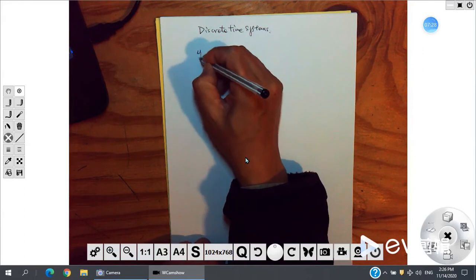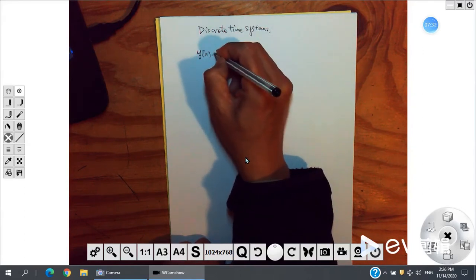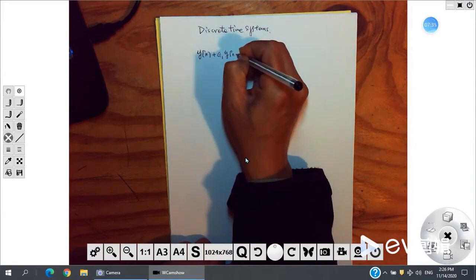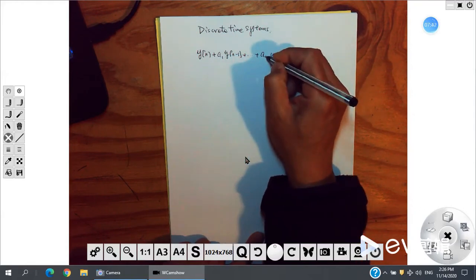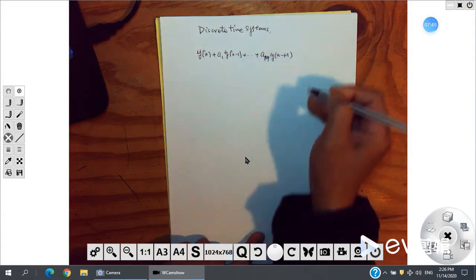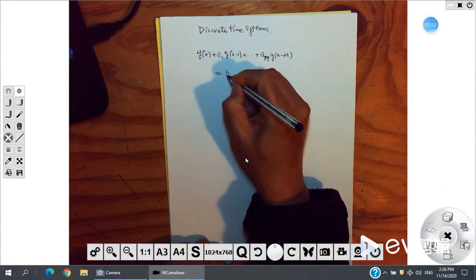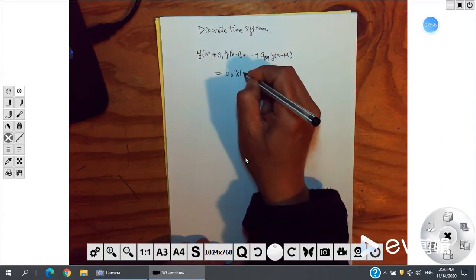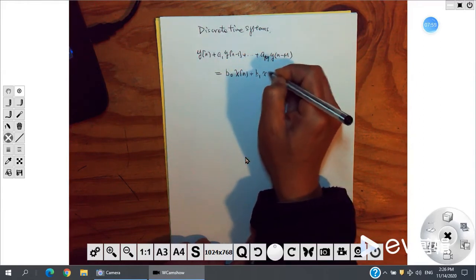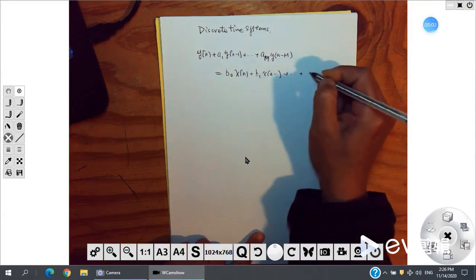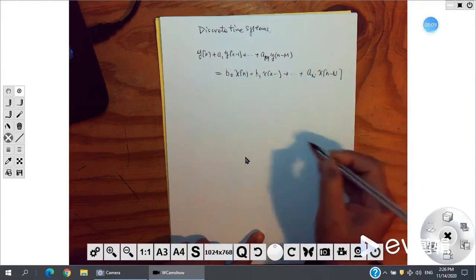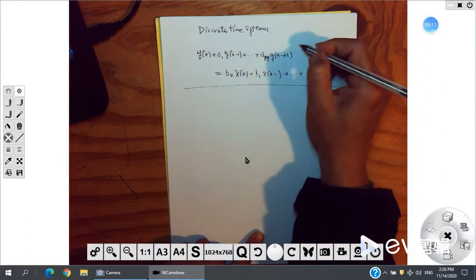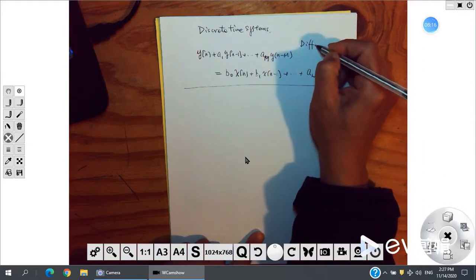Suppose y is the output: y of n plus a1 y of n minus 1, until a m y of n minus m, equals b0 x of n plus b1 x of n minus 1, until b capital N x of n minus capital N. Usually it can be described this way. This is called the difference equation.